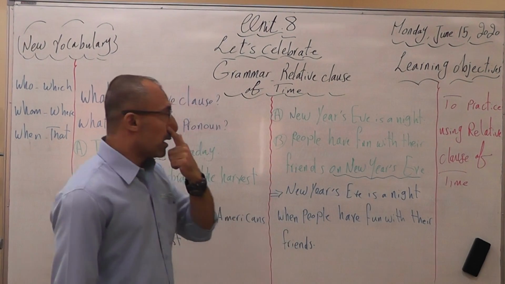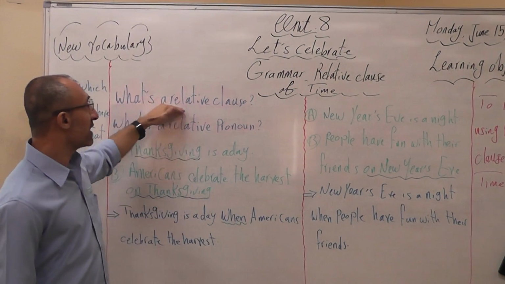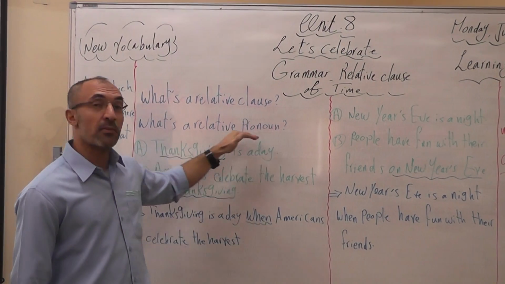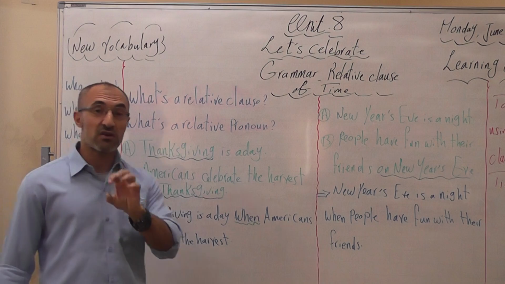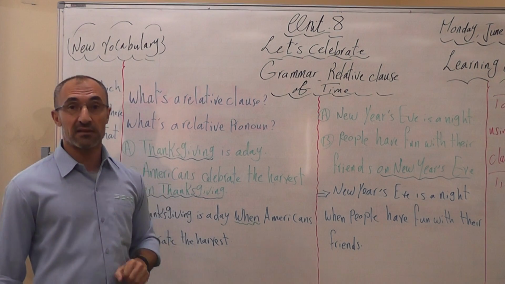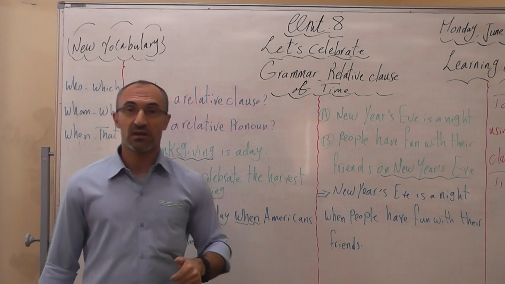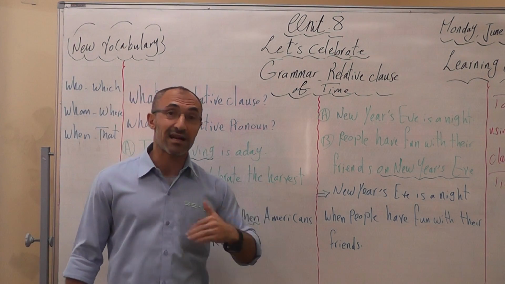Okay? First of all, let's ask ourselves, what is meant by relative clause? And also what is meant by relative pronoun? In order to be able to understand the focus of our lesson today. Honestly speaking, what's a relative clause? A relative clause is a part of a sentence, not a complete sentence.